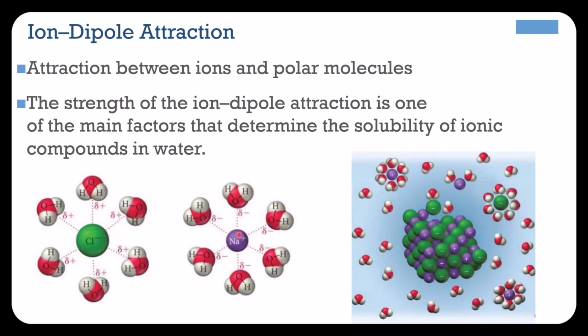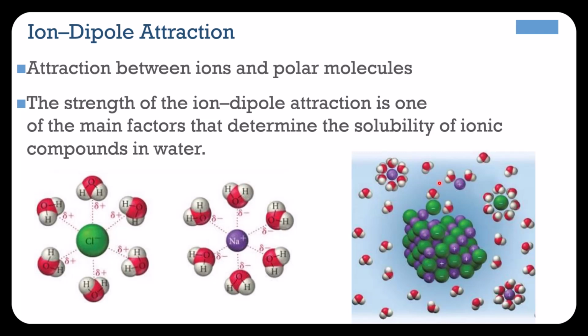So for our sodiums, we've got the partial negative from the oxygen surrounding that sodium. So all the oxygens are facing in. And over here on our chlorine, we've got the partial positives from the hydrogen side that surround that negatively charged chlorine. So all the hydrogens are facing in. And this process just rinses and repeats all around that container.